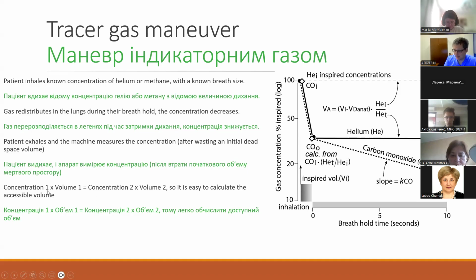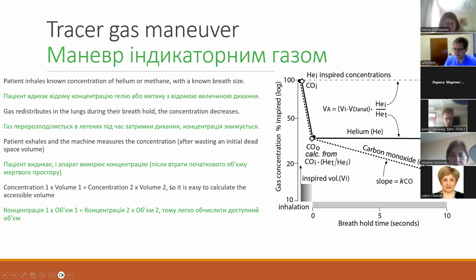And then we know, simply, that there's conservation of mass. So the initial concentration times volume is going to be equal to the concentration at time 2 times the volume 2. And we know the initial concentration. We measure how big of a breath they take in, and then we measure the second concentration. So this volume 2 is what is called the accessible alveolar volume.